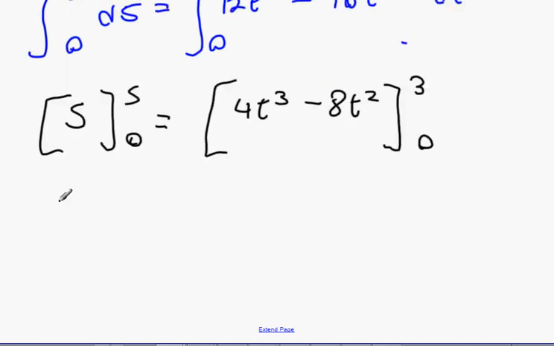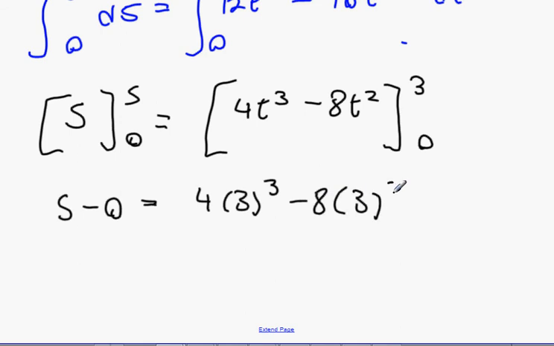Then we get s minus 0 equals 4 times 3 cubed minus 8 times 3 squared. 3 cubed being 27, 27 times 4 is 108. So it's going to be 108 minus 72, which is 36 meters.